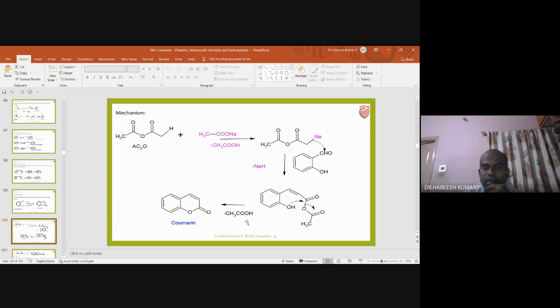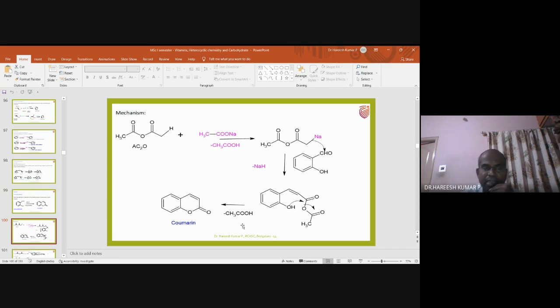While going, acetate picks up this proton and goes out as acetic acid, and gives rise to coumarin as the product. So this is the mechanistic pathway of how salicylaldehyde on treatment with acetic anhydride in the presence of sodium acetate gives coumarin as the product.